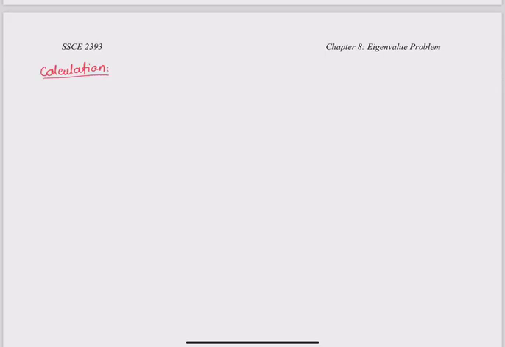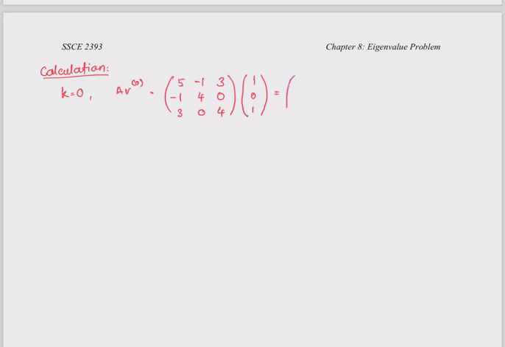Now we want to determine the calculation. At k equal to 0, we must find A v0, where A is 5, negative 1, 3; negative 1, 4, 0; 3, 0, 4, and our v0 is 1, 0, 1. We can multiply this matrix, put it in a calculator, and then we will have 8, negative 1, and 7.